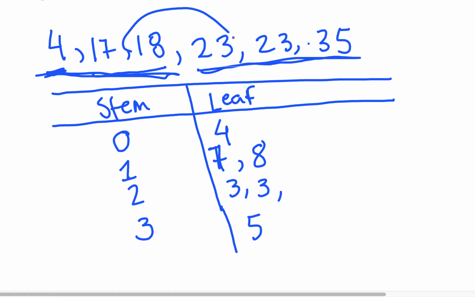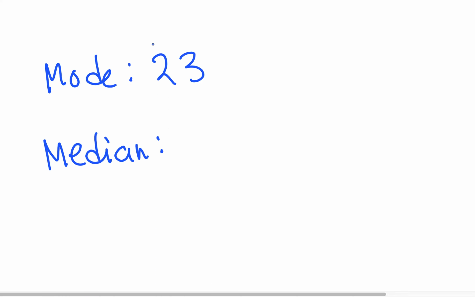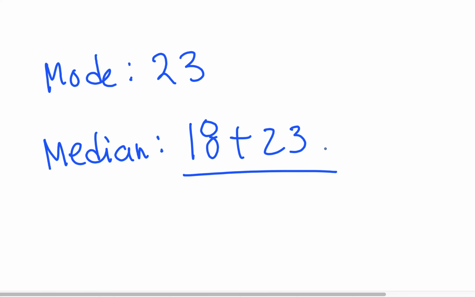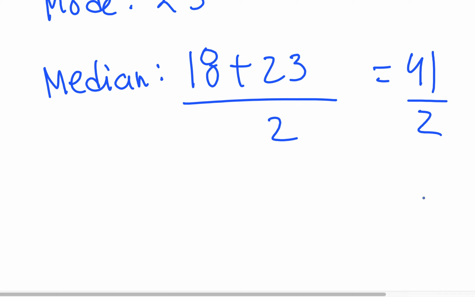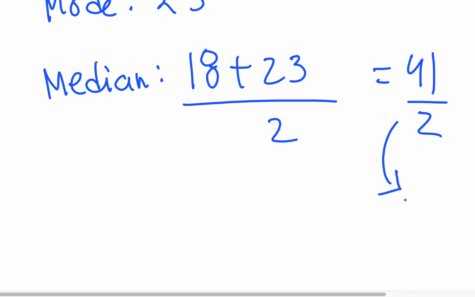So we're going to take these 2 numbers, 18 plus 23. You add them. 18 plus 23 is 41. And then you divide this by 2. If you divide this by 2, you would get 20.5.